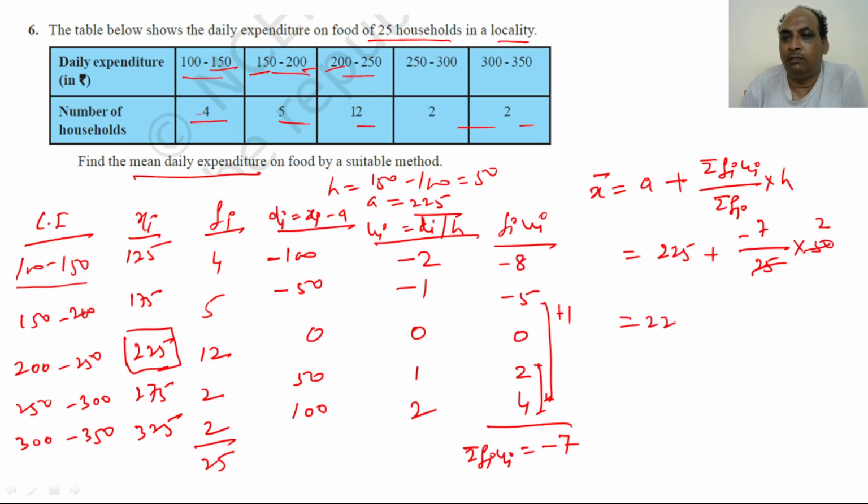Now 225 minus 7 into 2, 14, plus into minus is minus, so it is 14. So 211, 211 is the mean daily expenditure on food, and this is in rupees. This is in rupees, 211.